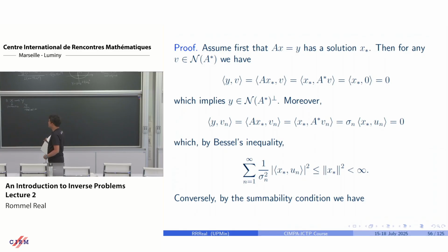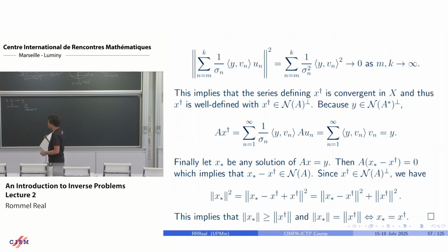And in this case, we can write x dagger as the unique solution with a minimal norm. Normally we want to consider solving the problem with the minimal norm solution.